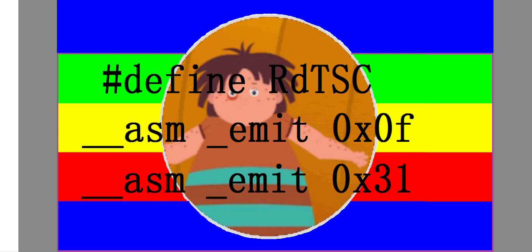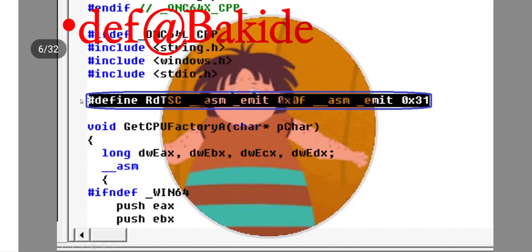You can see you must write the definition as a line. #define RDTSC _asm _EMIT 0x0f _asm _EMIT 0x31, like this in a line.